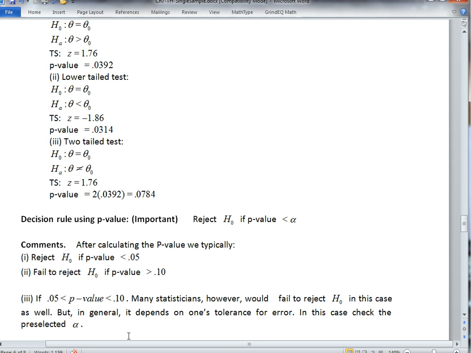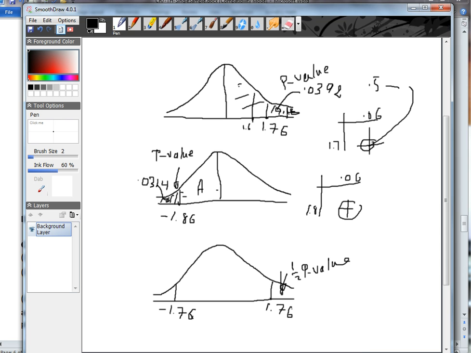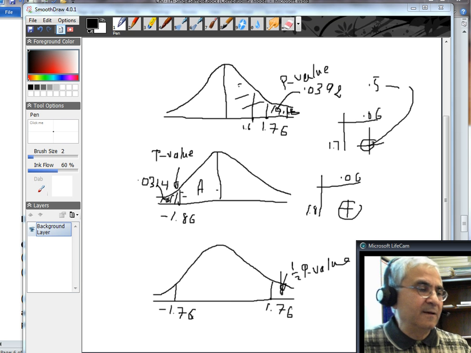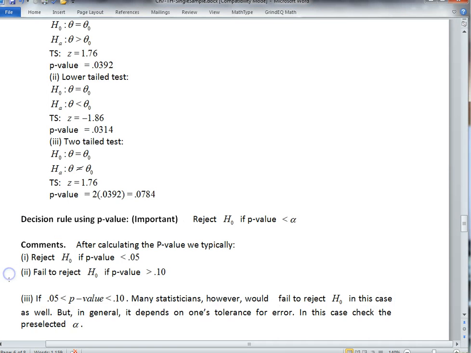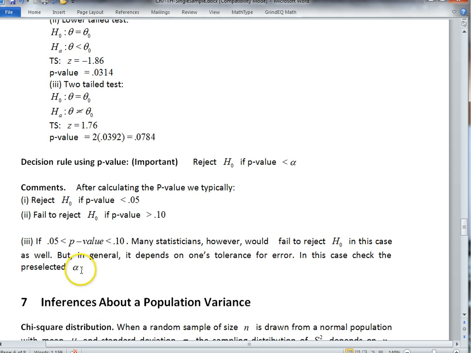Alpha should be selected before you start the problem, before you start even collecting data, because it's an indication of your assessment of how significant the type 1 error is. Then your answer would not be biased that way. I'm going to stop here for this lecture, and thank you.